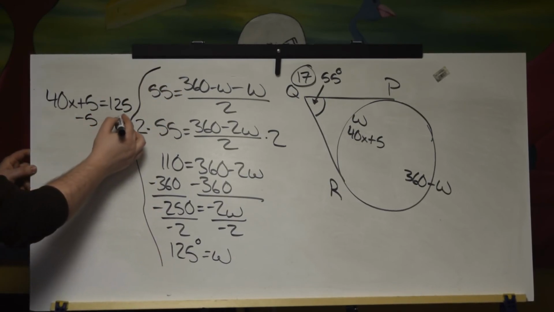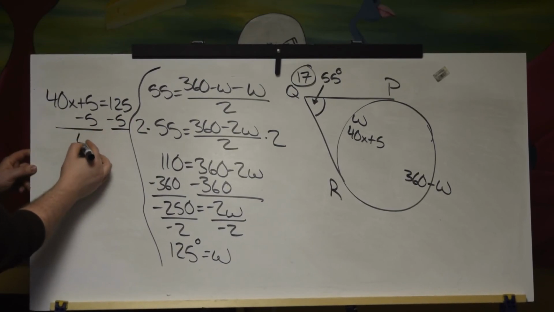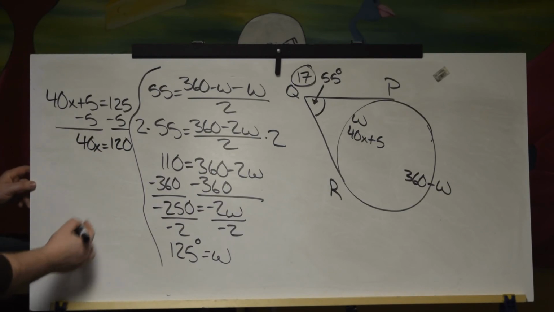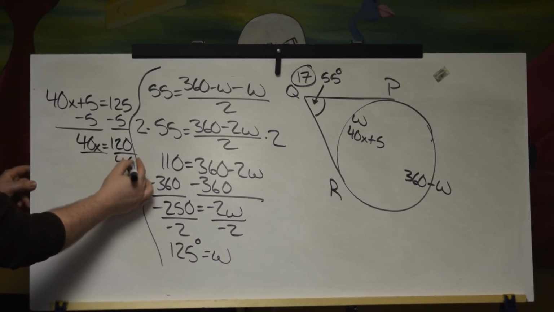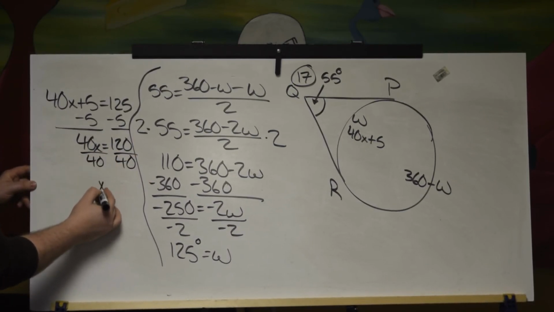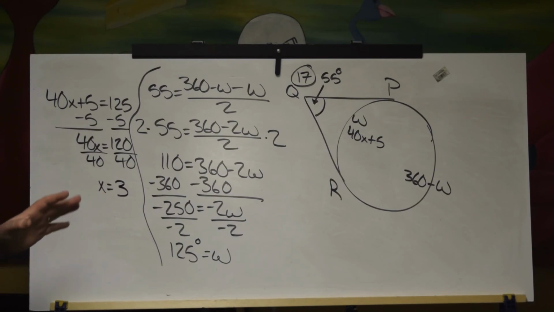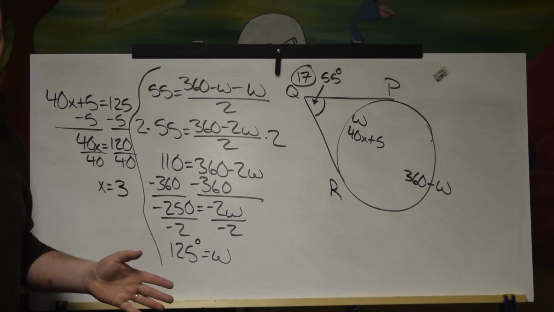Subtract 5. 40x equals 120. Divide by 40. And x equals 3. Okay. There are other ways of setting this problem up, but I thought this might be the most straightforward to explain.